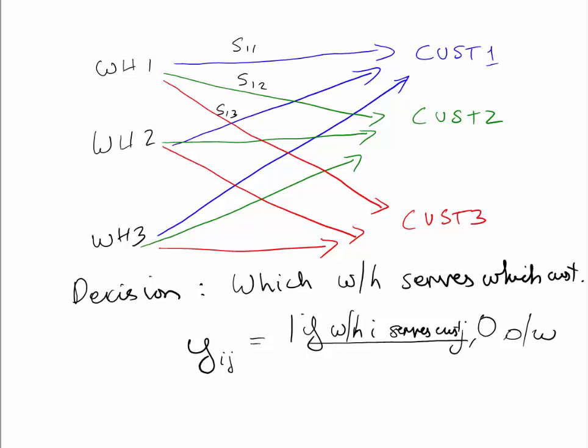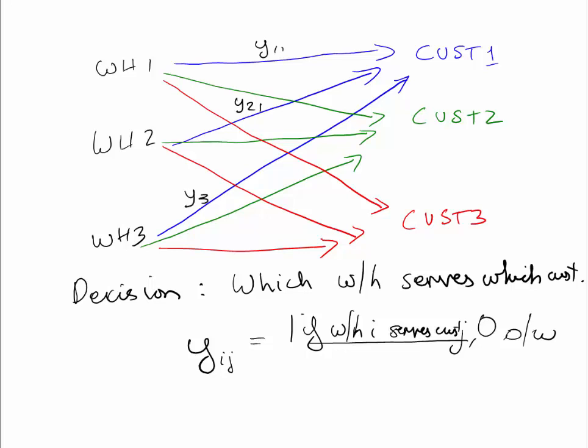All right, go ahead. This would be each warehouse going to one customer equals 1. Yeah. So for example, this one would be y11, right? This one would be y21, right?